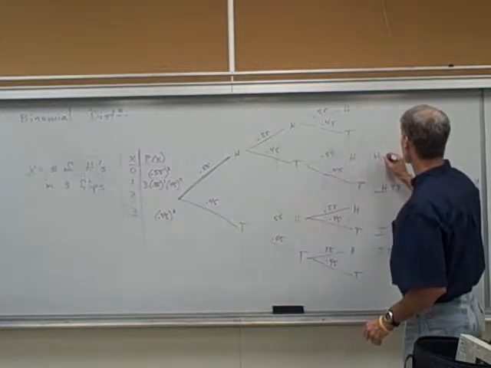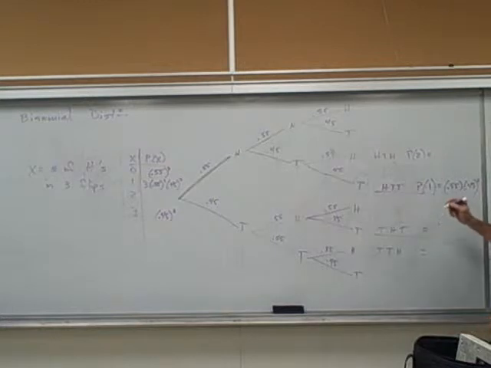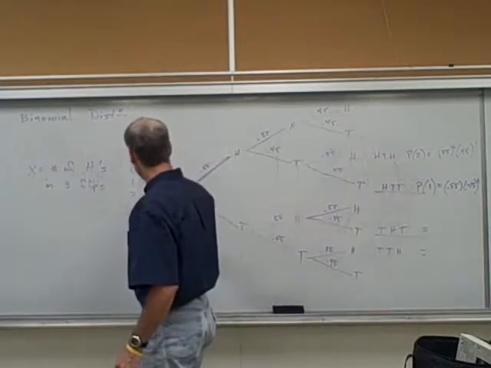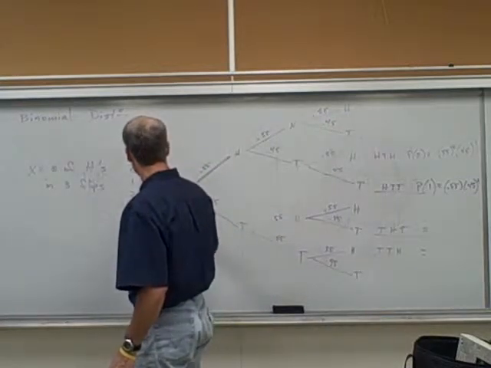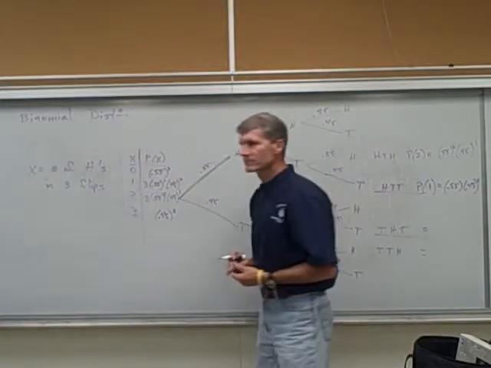This is H, T, H. That probability of a 2 is what? How many times did I use 0.55? Twice. So 0.55 squared times 0.45 to the first. And now I got 3 of those. So over here I can write 3 times 0.55 squared times 0.45 to the first.